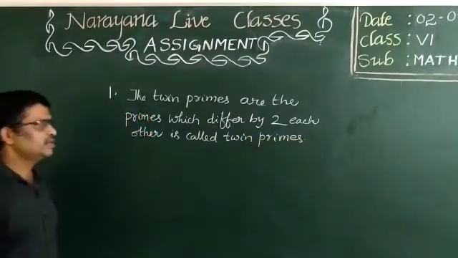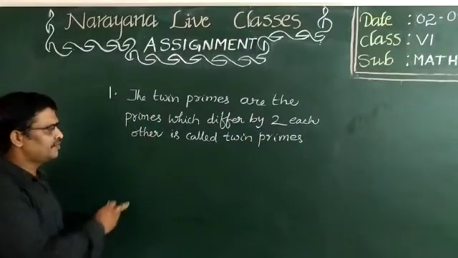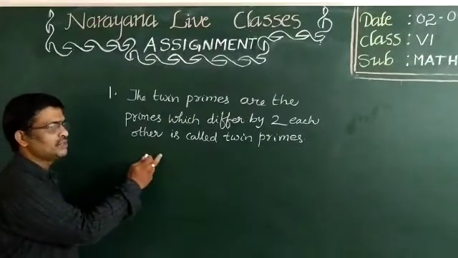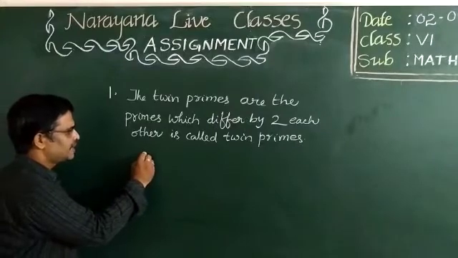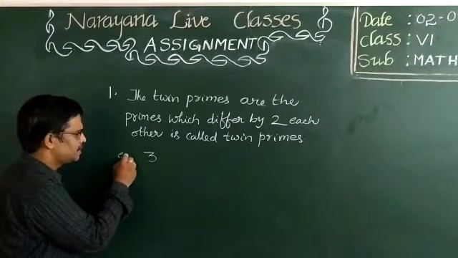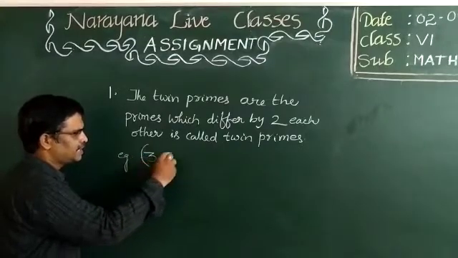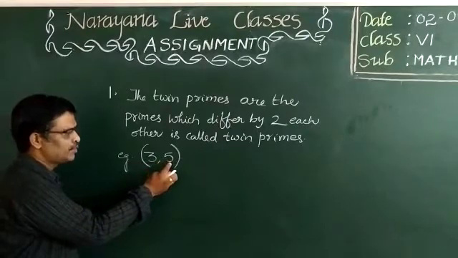Here already we know that the prime numbers are 2, 3, 5 and so on. For example, if you take 2 and 3, the difference of 2 and 3 is 1 only. So that is not a pair of twin primes. If you take 3 and 5, 3 is a prime number and 5 is also a prime number.